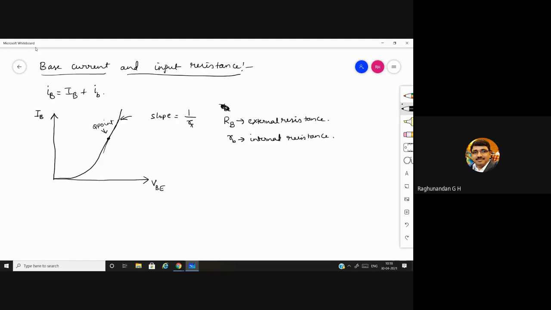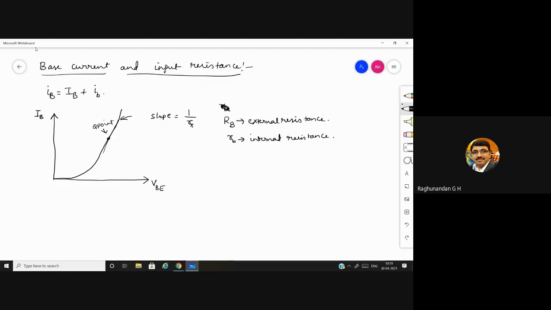The word instantaneous is used only for parameters which are going to vary instantly. Do you think the base resistance value will change instantly with respect to time? No. Resistance will not change. It's a constant parameter. Don't get confused.